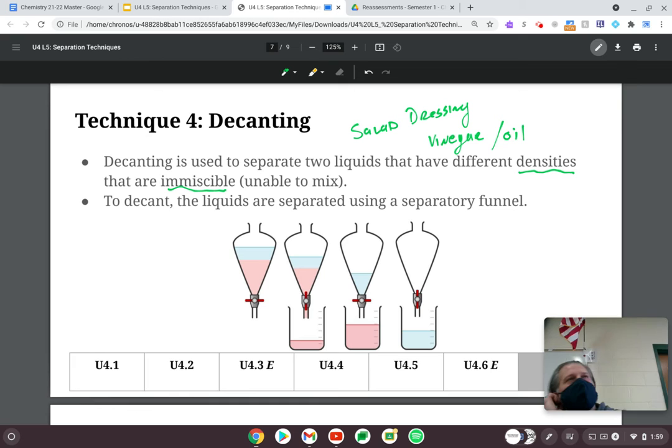In theory, if you really wanted to separate those things, you could take your salad dressing container that has the vinegar and the oil separated, and carefully pour off the oil, and you'd be left with the vinegar behind.